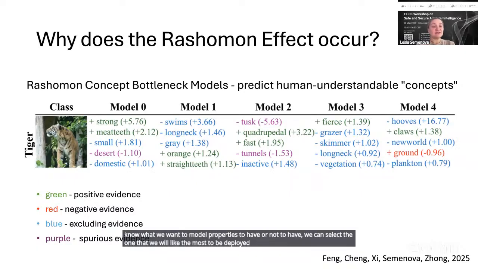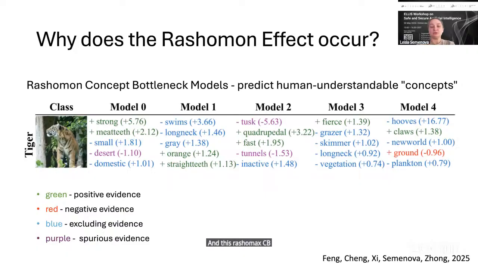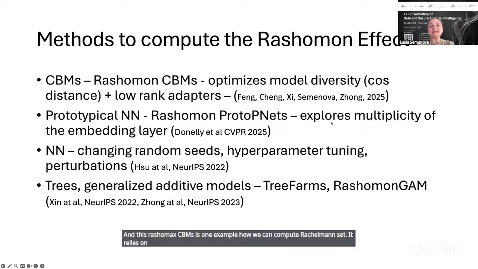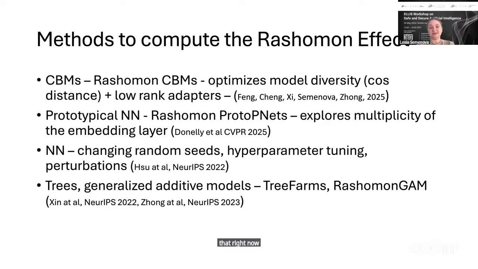And this Rashomon CBMs is one example of how we can compute the Rashomon set. It relies on optimizing a diversity loss, which we define based on cosine similarity, and also LoRA adapters. But there are way more methods that right now allow us to compute the Rashomon set. Even something as simple as unstructured exploration, as we had in the epilepsy example, can help.